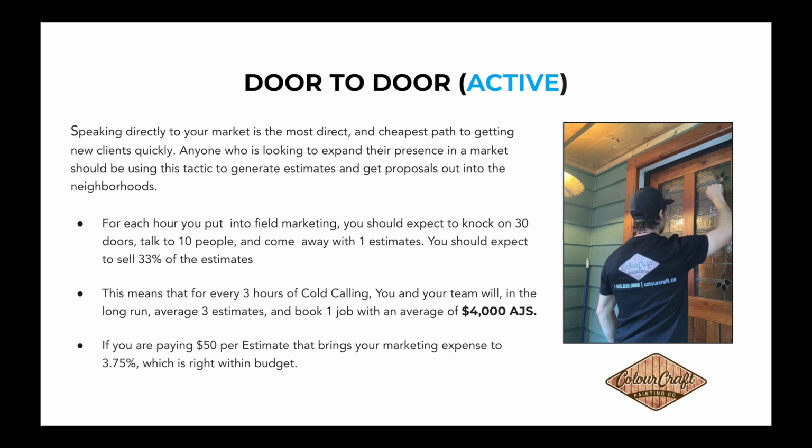And if you run the numbers on the budget side of things, 500 estimates times $50 an estimate is $25,000 in cold calling, in door-to-door marketing. If you divide that by a $1 million business, your marketing expense would only be 2.5%. It's even lower than 3.75%.